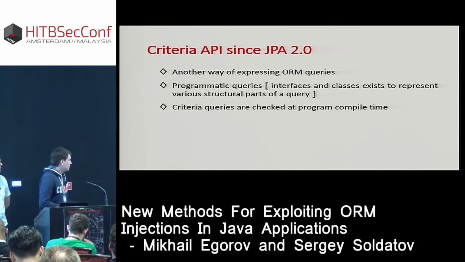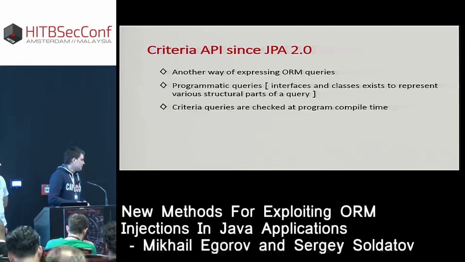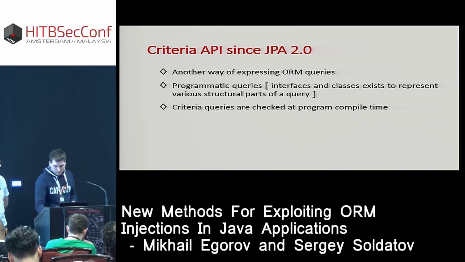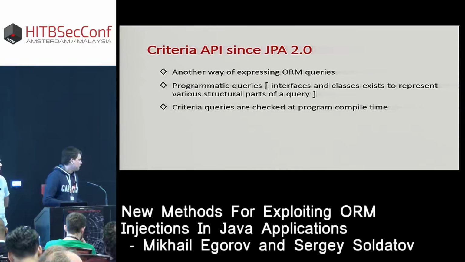You can use string JPQL queries, or you can construct queries programmatically via the Criteria API. And criteria queries are checked at compile time. The code becomes safer because it's harder for the developer to introduce a security bug.